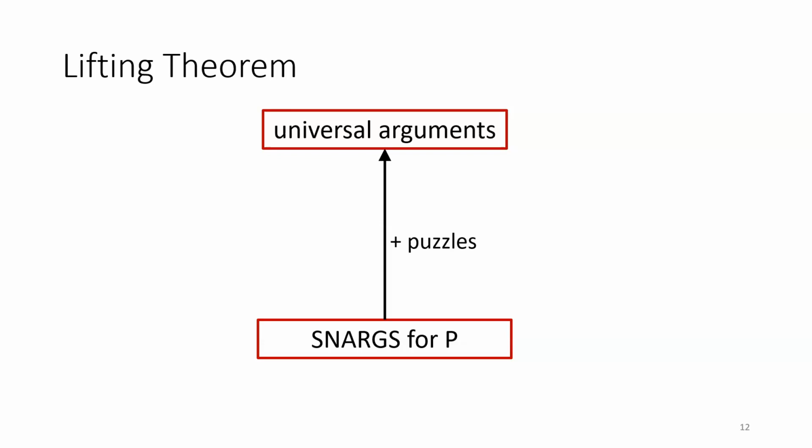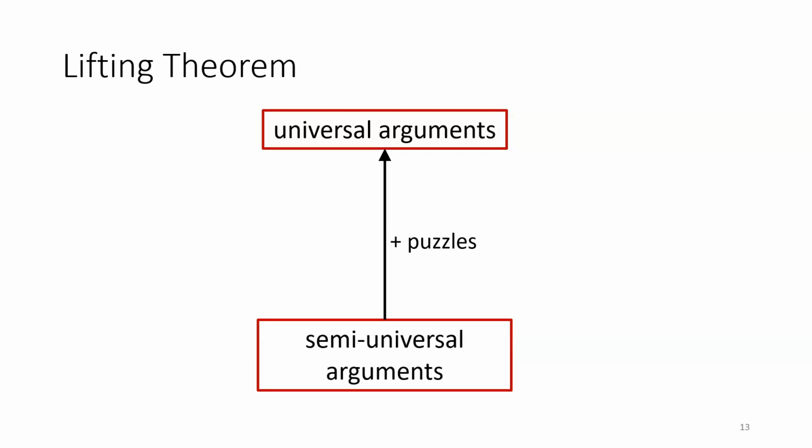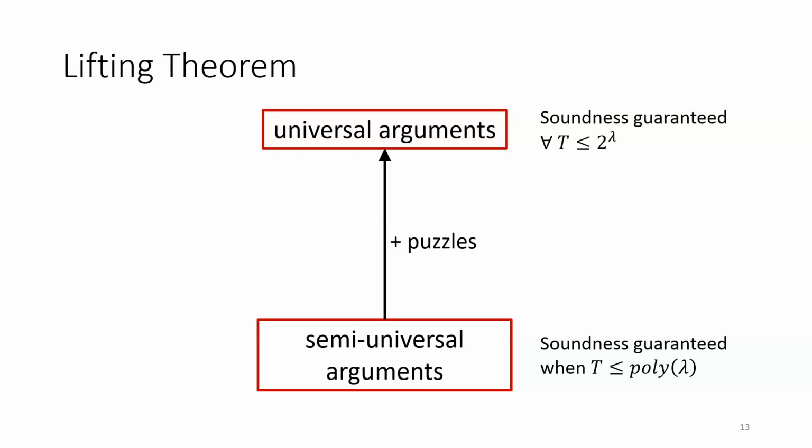Now, let me tell you more precisely what we are doing. So actually, we show something a little weaker. We show that you can take what we call a semi-universal argument, where soundness holds only if T is bounded by a polynomial, and lift it into a universal argument where soundness holds for any T. And now, why is this a good place to start from, this semi-universal argument?